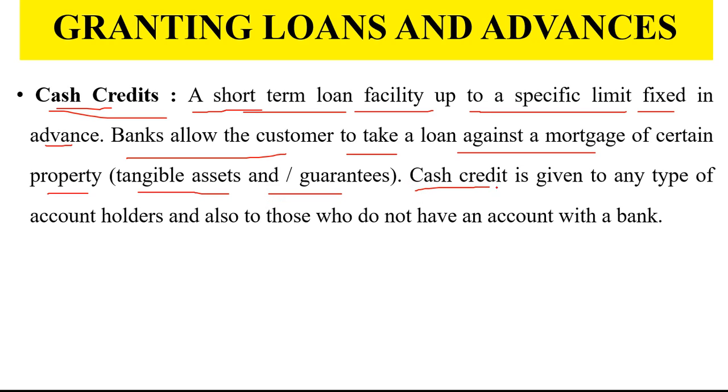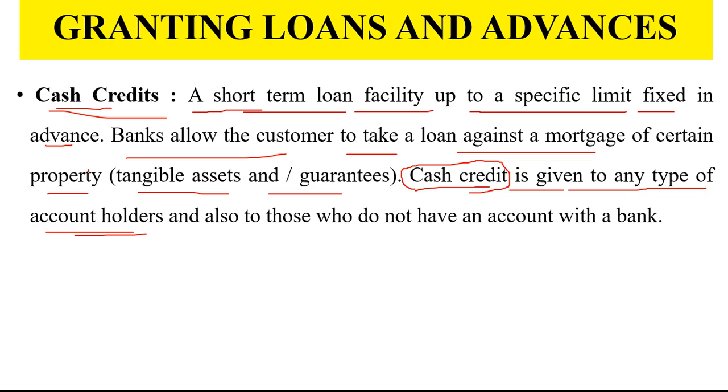Cash credit is given to any type of account holder. Overdraft facility is only given to the current account holder, but cash credit is given to all types of account holders, whether a savings account holder, current account holder, fixed deposit account holder, or recurring deposit account holder.